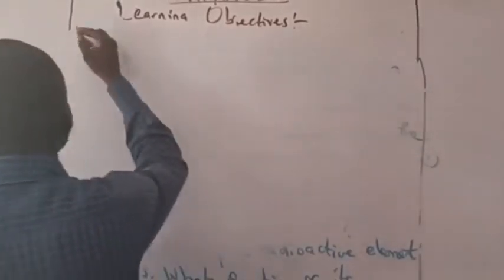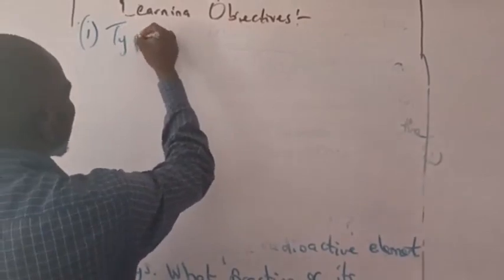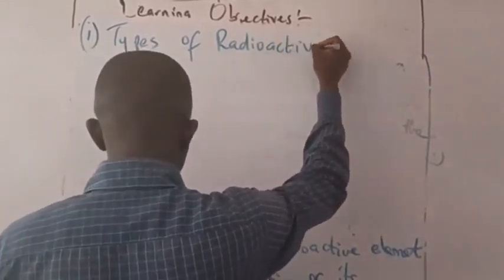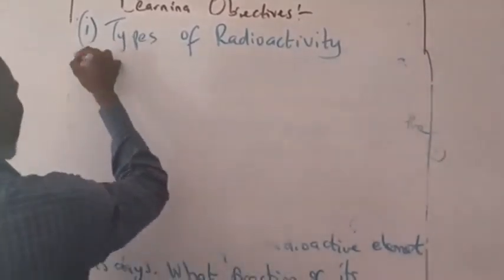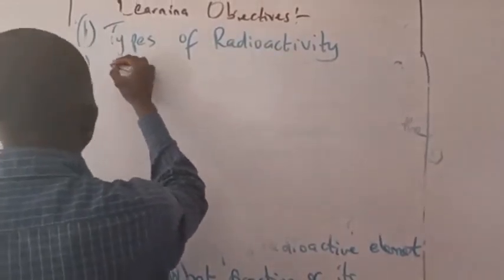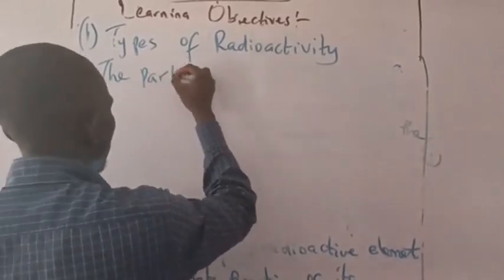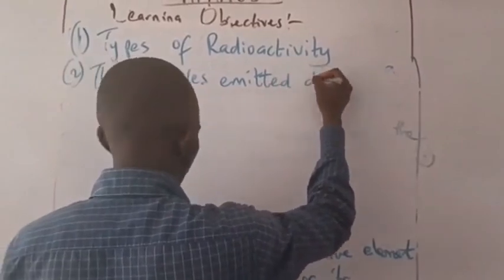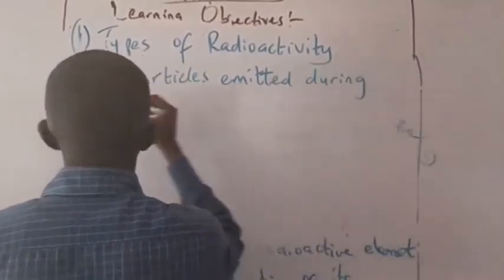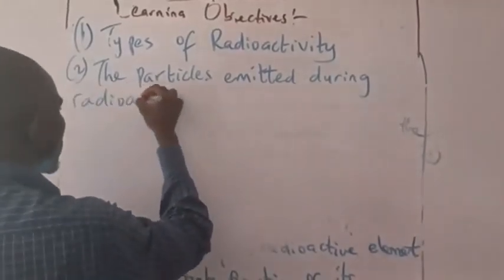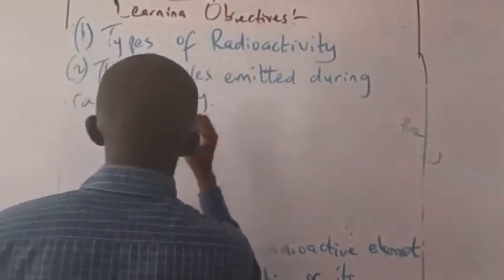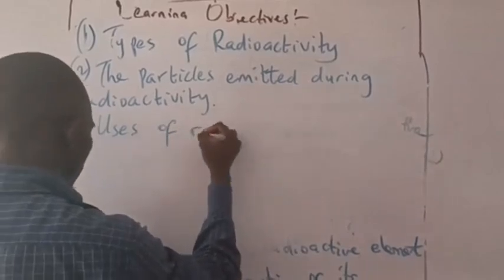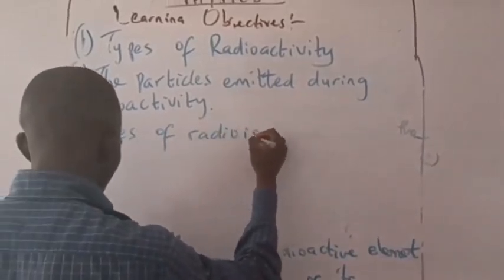We are going to consider types of radioactivity, the particles emitted during radioactivity, and we are also going to consider the uses of radioisotopes.